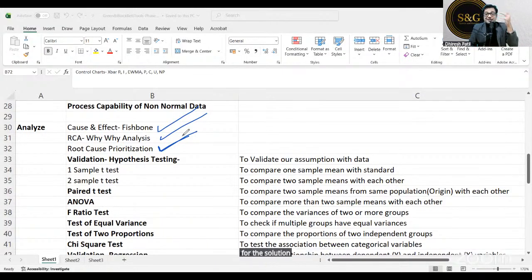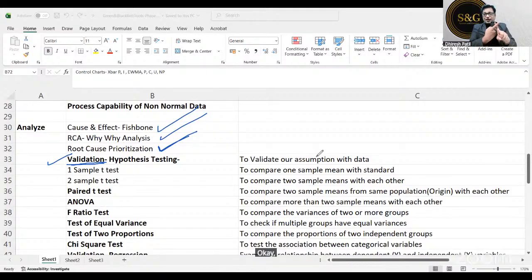Now, before we find out the solution, we validate. This is very important. What do you mean by validate? See, understand this. Causes and root causes are identified with the help of basically our experience, our knowledge.